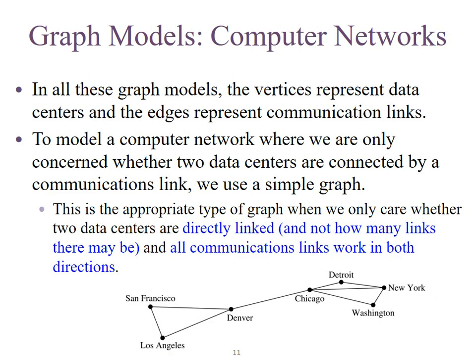Okay, next let's see different graph models, for example computer networks. So if we consider different data centers in different cities, and we have the communication links between these data centers. For example, we have a data center in San Francisco and a data center in Denver.